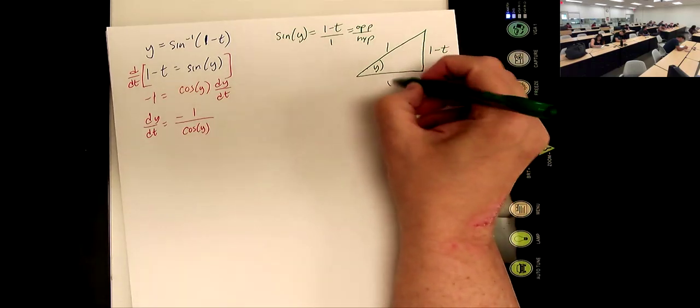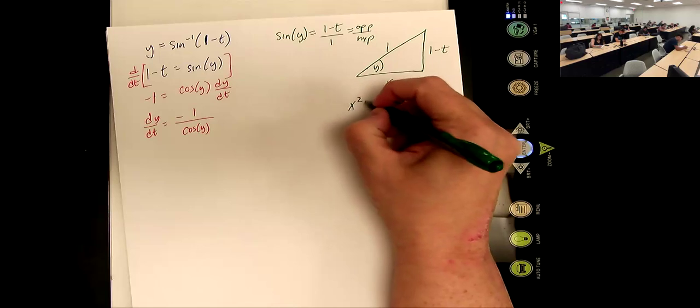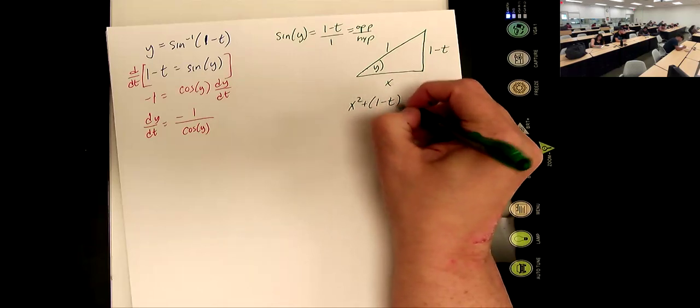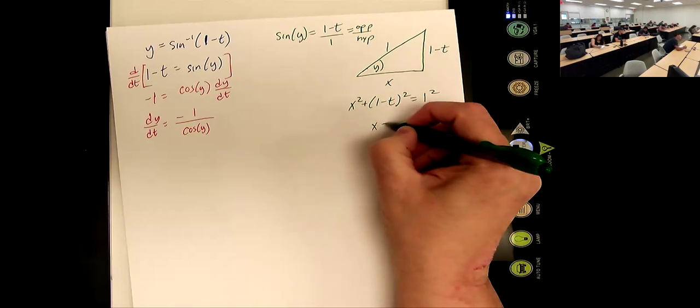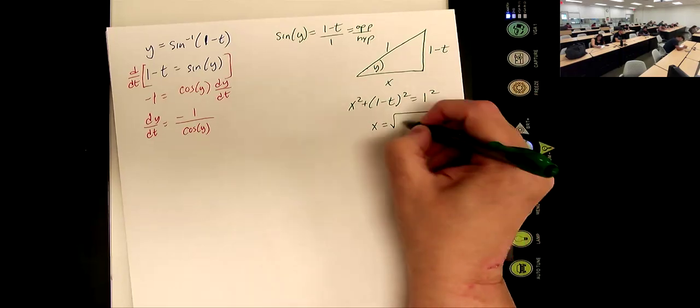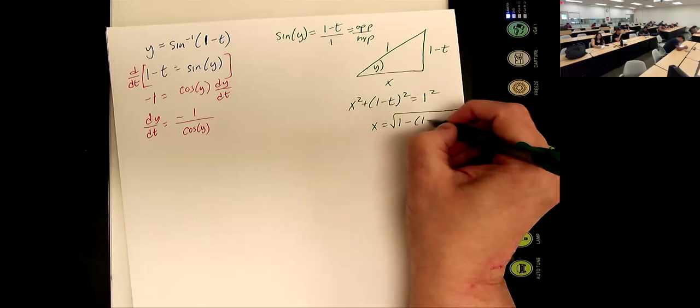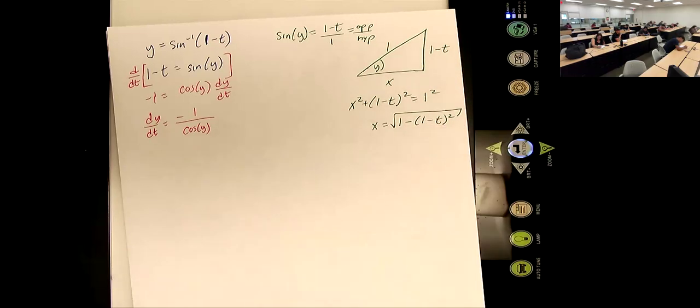So if I call that x, I've got x squared plus (1 - t) squared equals 1 squared. And if I solve for x, I get the square root of 1 minus (1 - t) squared. Leave it like that.